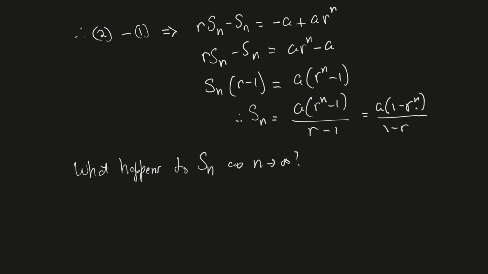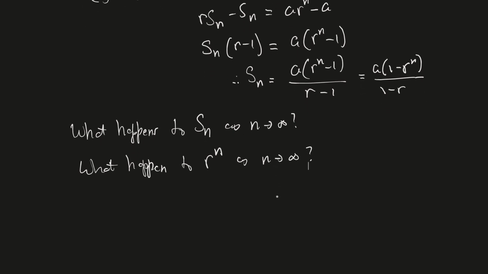So we can focus on this and say, well, what's going to happen to r to the n as n gets very large? We can focus on that because all the other terms are constant. They're not affected by n, right? So we can simplify this question to say, what happens to r to the n as n goes to infinity?